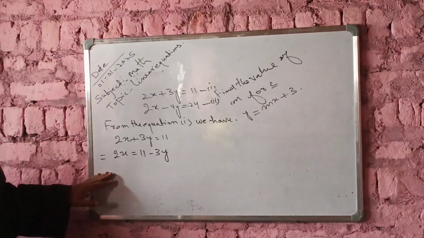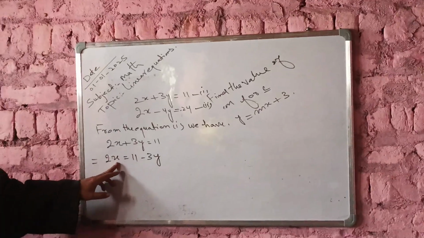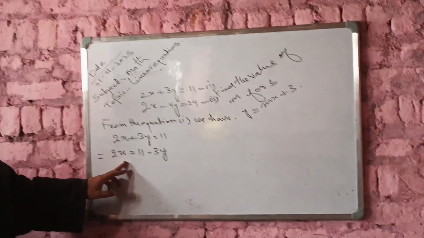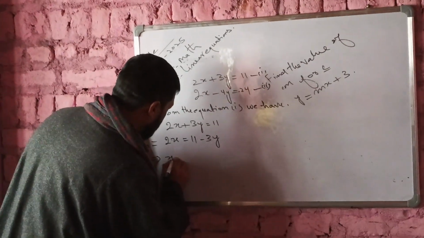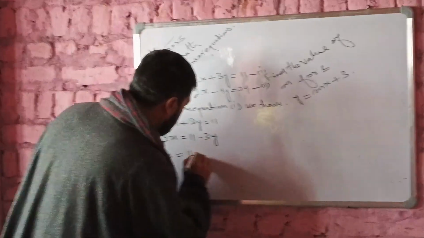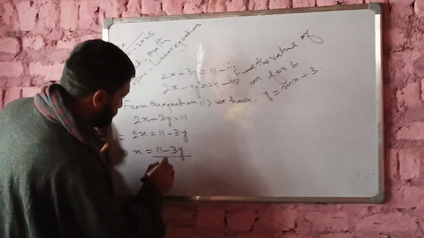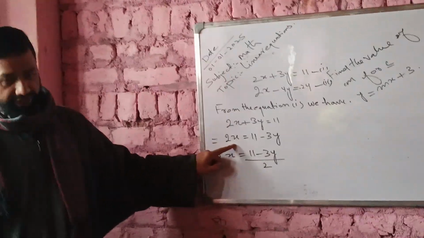Okay. Do I have to find the value of 2x or only x? Only x. Good. So x is equal to 11 minus 3y divided by 2. 2 is the coefficient of x, you know that.